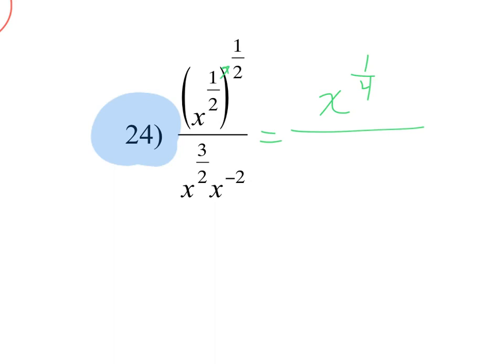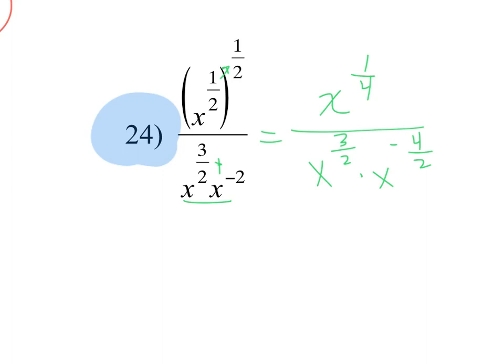And then in the denominator, I'm going to try to combine those x's. I have 3/2 and -2. Well, what I'm going to do as this first step is I'm going to rewrite this with a common denominator. I know that I'm multiplying exponents here, so I'm multiplying common bases, so I need to add exponents. So this is going to be 3/2, and this will be x to the -4/2.